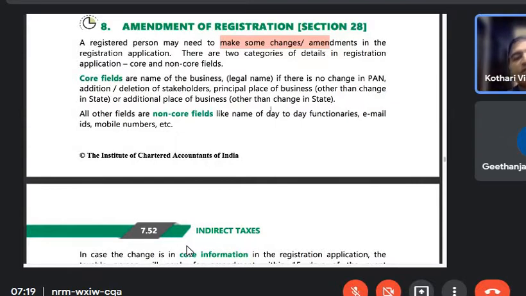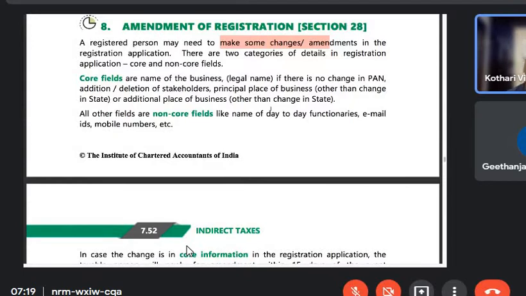So when you are going to amend the GST registration in the core field is when you change the name of the business. You are not changing the PAN number, but you are changing the name of the company alone. Say Suresh Industries, you are changing the name from Suresh Industries to Ramesh Industries, but the PAN number is same. So you are changing the legal name of the business, then amendment needs to be made.